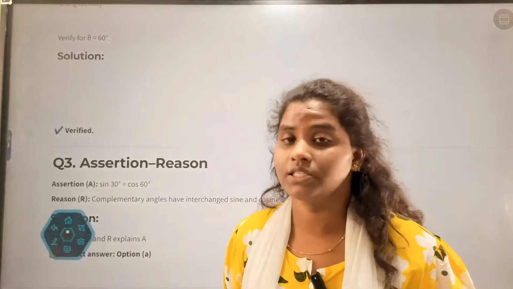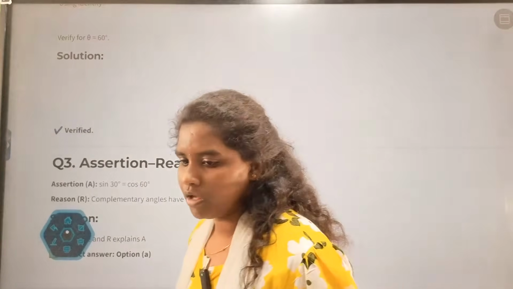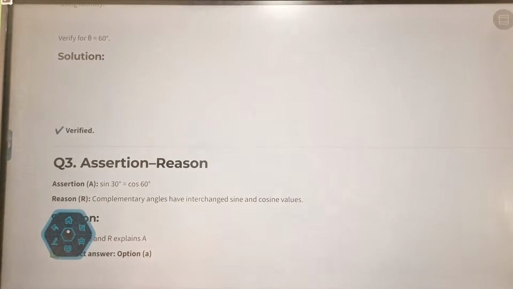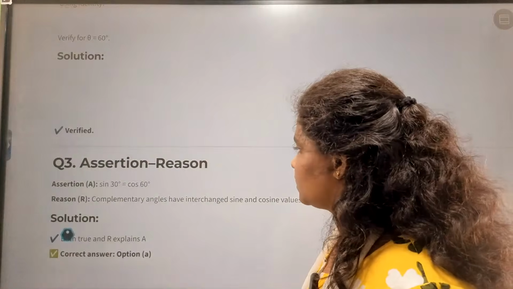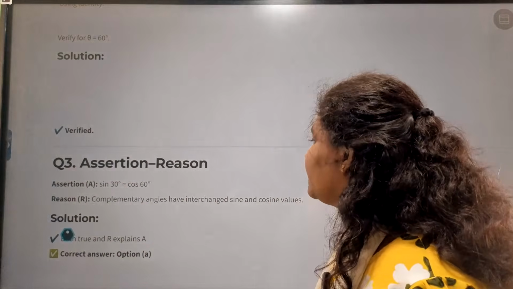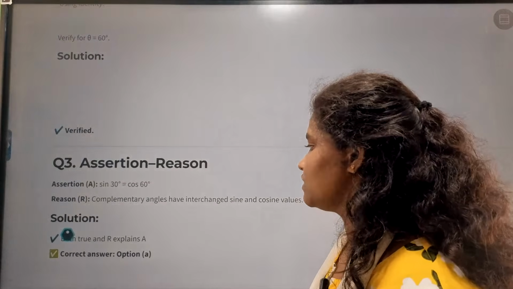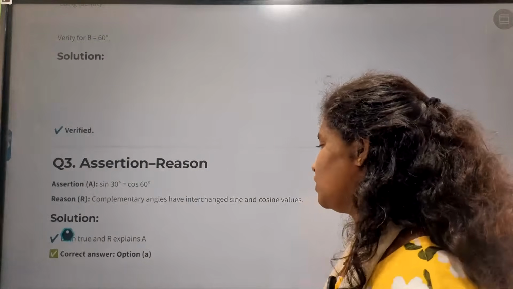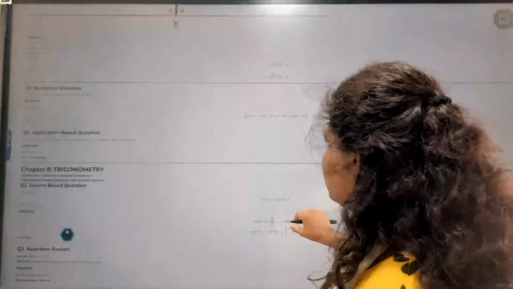Cos 60 is equal to 1 by 2. What about sine 30? It is also 1 by 2, right? So both are equal. Then the reason is given as: complementary angles have interchanged sine and cos values. Yes, it's right. So A is right and it's a correct explanation.